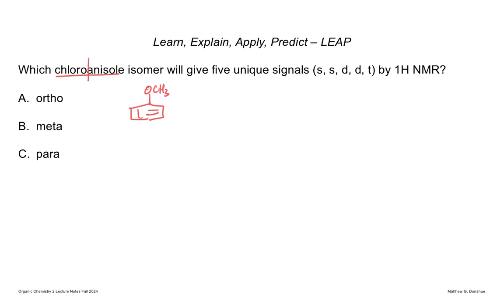And then we want to draw all the isomers to determine what this question is after. So this is the ortho isomer. Here's the meta. And then finally the para.